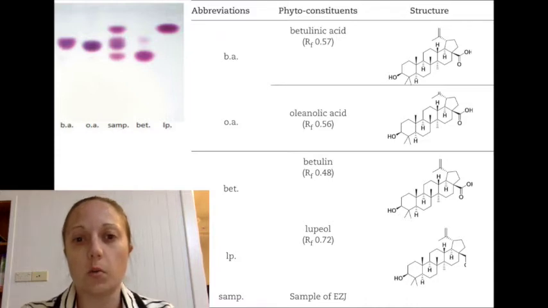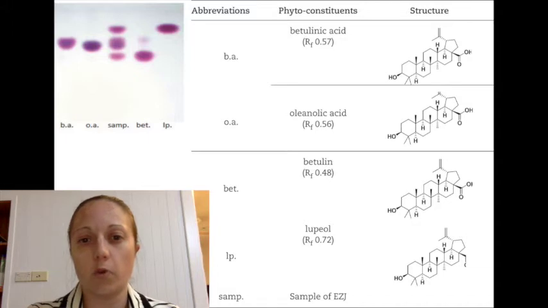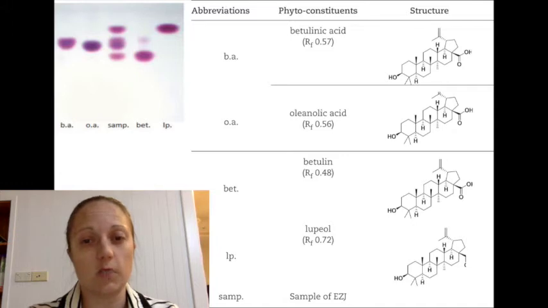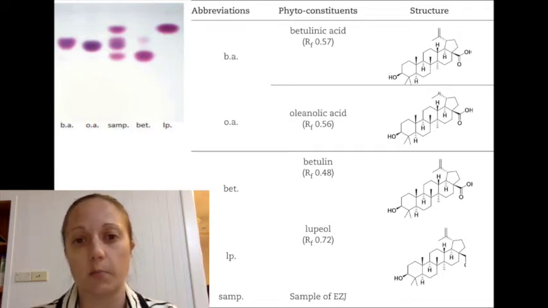And so we test these components separately in their pure form. We then get our sample and we would test what was in our sample, making an assumption that it's the things that we've tested for. And from there, we can line up or calculate the RF values, and matching RF values would indicate that it has the same components.